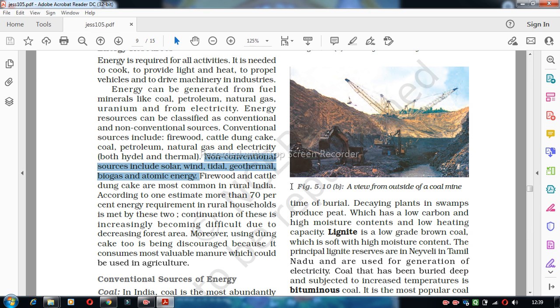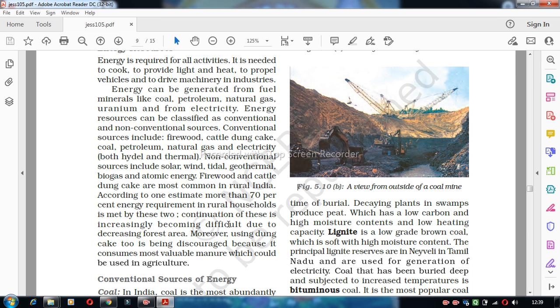Next, firewood and kettle dung cake are the most common in rural India. According to one estimate, more than 20% of the requirement in the rural household is met by these two. Continuing these is becoming difficult due to the decreasing forest area.